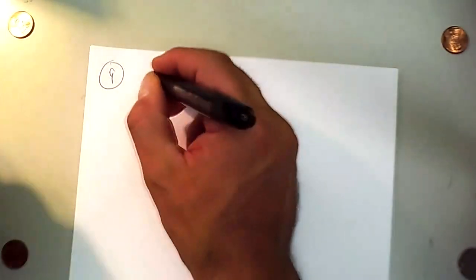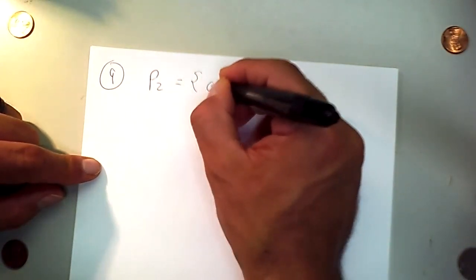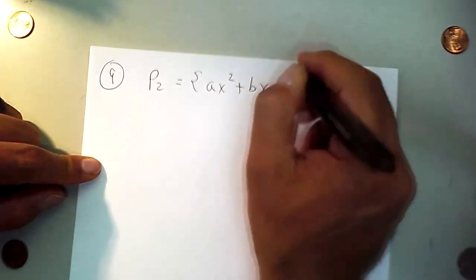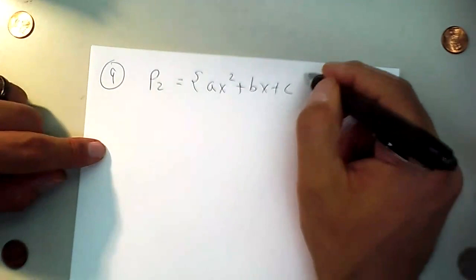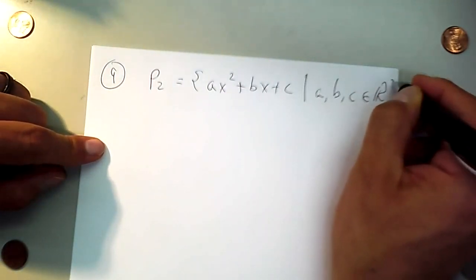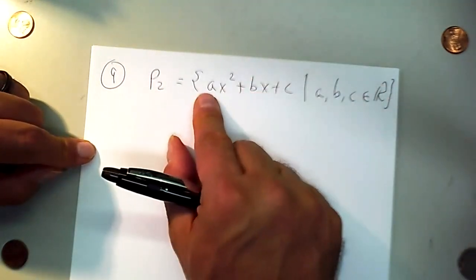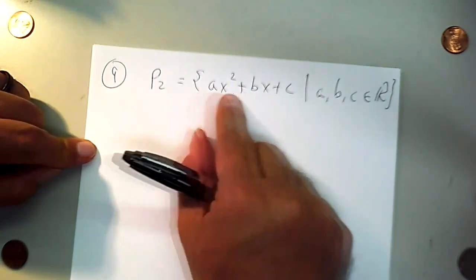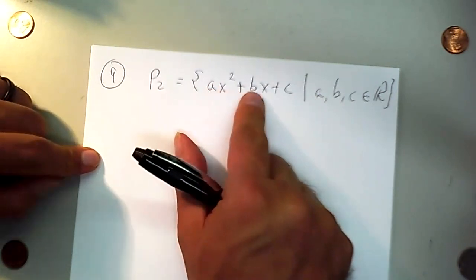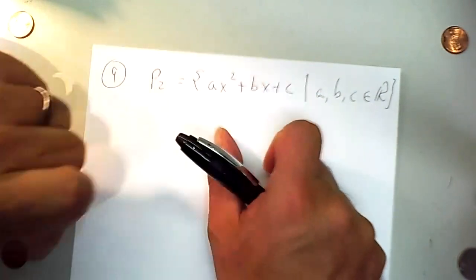So remember P2 is the set of all the quadratic functions, where a, b, and c are real numbers. Okay. So that means that a could be 0 or b could be 0 because they're real numbers. So they don't have to be strictly quadratic. They could be linear functions or just a constant or just 0.